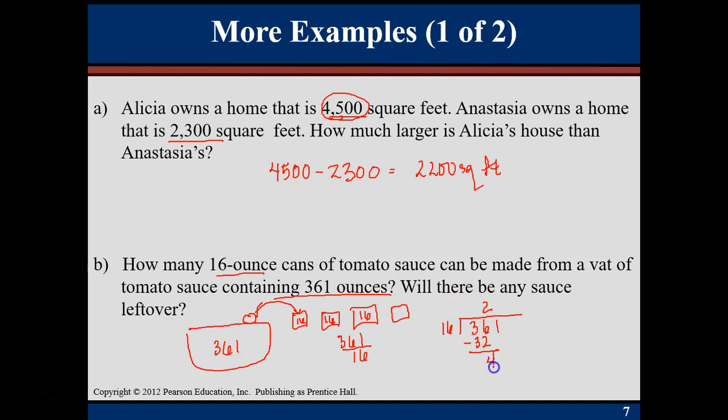Subtract, and you get 4 left over. Bring down the 1. 16 goes into 41, also twice. Still 32. And when you subtract, you have 9. So you can fill up 22 cans, but you'll have 9 ounces left over.